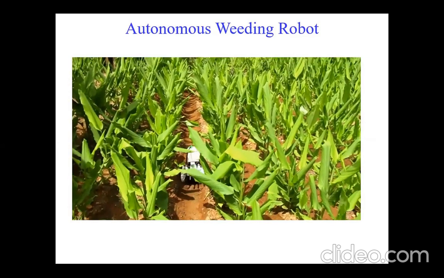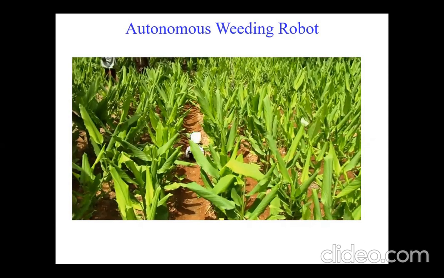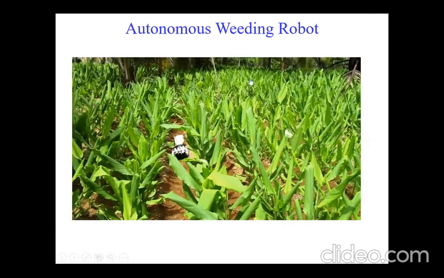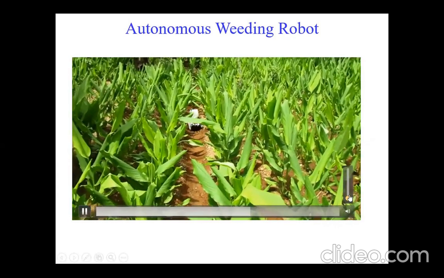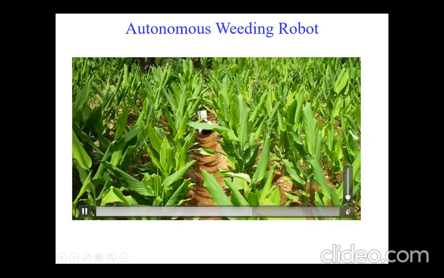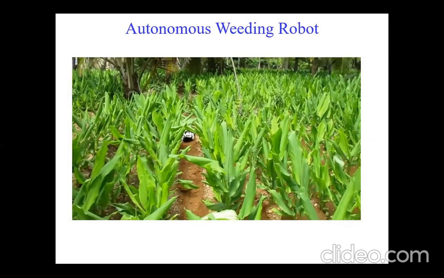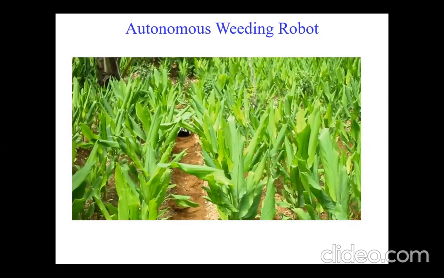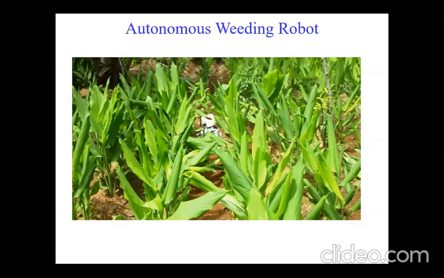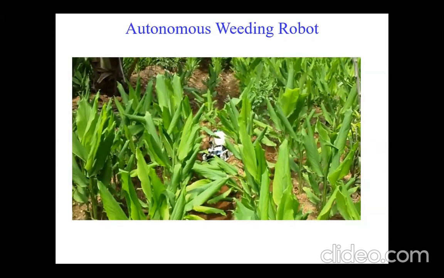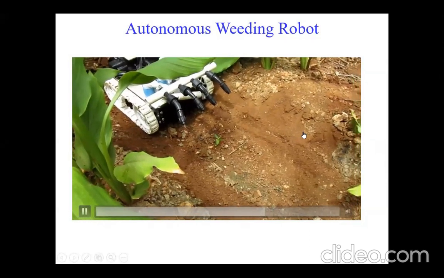And finally, before getting to the actual process, we tested without any load how it is going to move. If you see here, this is a simple setup we have made.